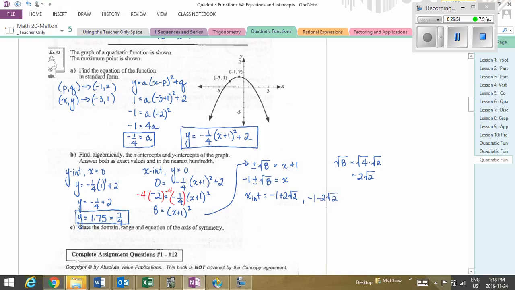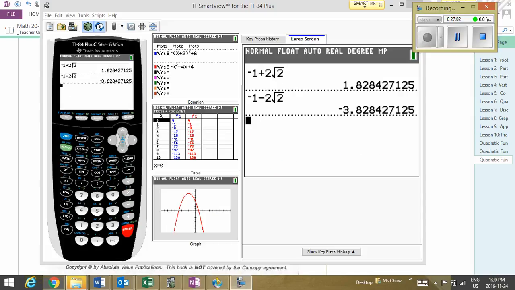So those are the exact values, and if I enter those into my calculator, then I can determine what they are to the nearest hundredth. So we can see when we've entered those into the calculator, -1 plus 2√2 is rounded to the nearest hundredth, 1.83, and -1 minus 2√2 is then going to be -3.83 rounded to the nearest hundredth.